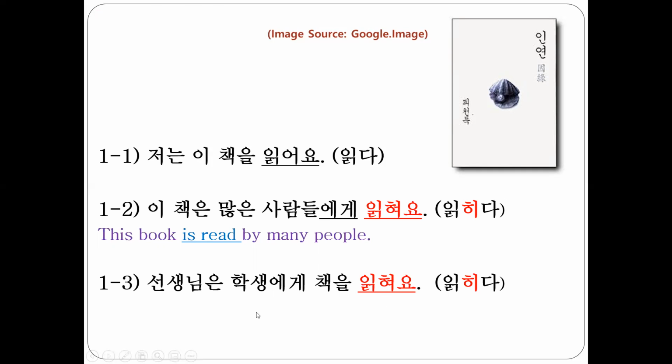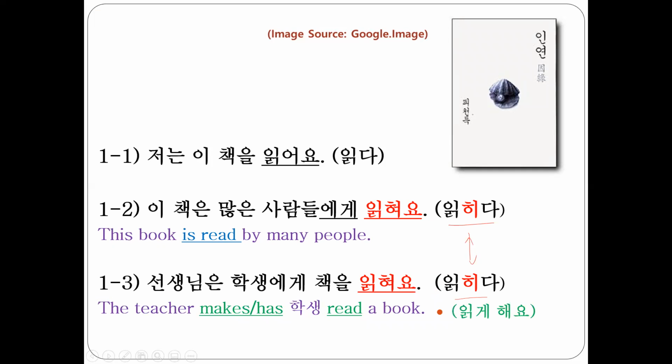This means the teacher makes students read a book이거든요. 그래서 읽혀요, passive verb, 읽혀요, causative verb, same이죠? The form is the same. Because sometimes when you want to make sure of the meaning of a causative verb, rather than 읽혀요, you can use 읽게 해요, like this.